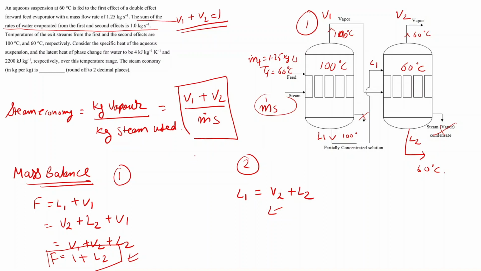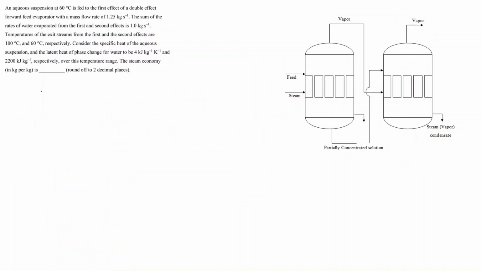So now we have done the mass balance. Now we will write the energy balance for the same system. For the first evaporator, we can write the energy balance as follows.